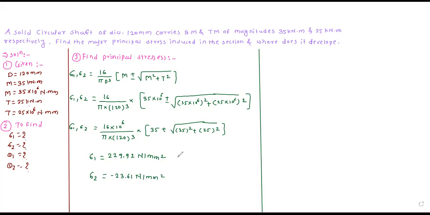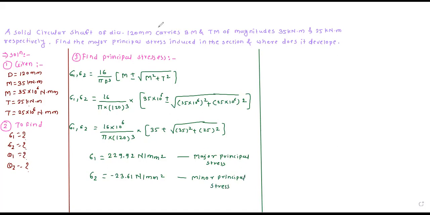So this one is the major principal stress, and the last one is the minor principal stress.